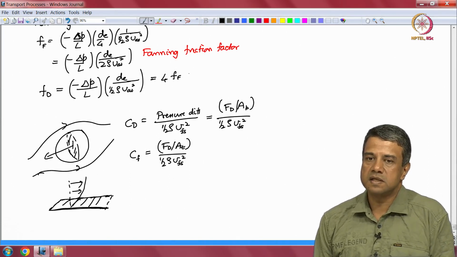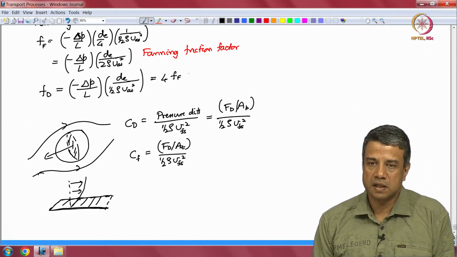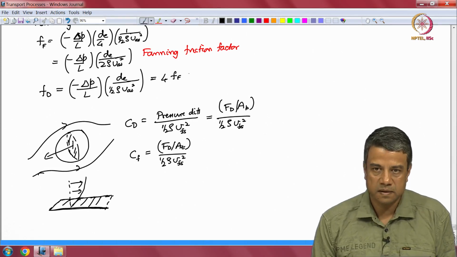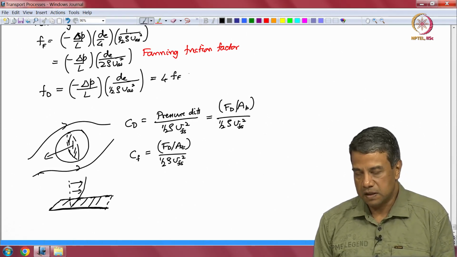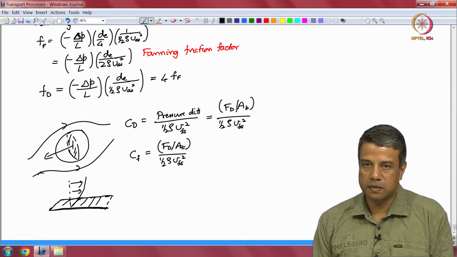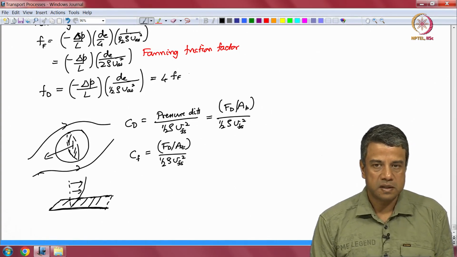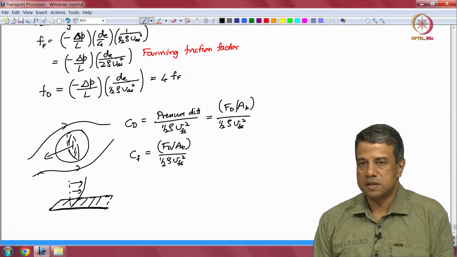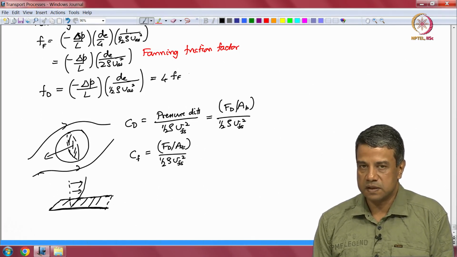In each of these cases, the dimensionless group is scaled by the inertial scales. And therefore, this is in contrast to the dimensionless Sherwood number and the Nusselt number, the dimensionless fluxes, which are actually scaled by the diffusive scales. This difference is only because of convention.